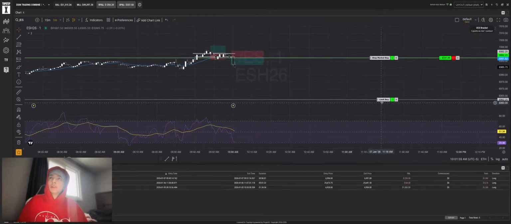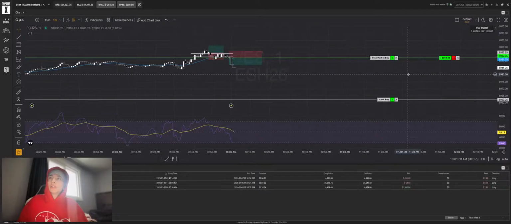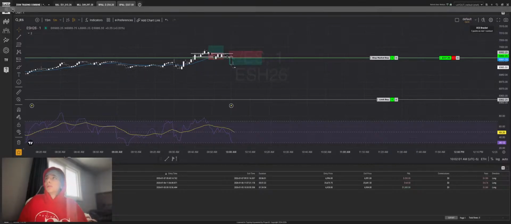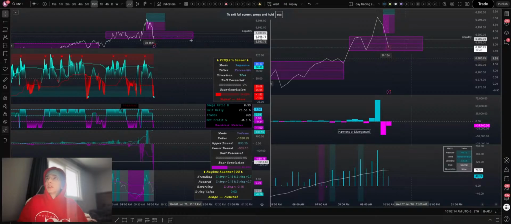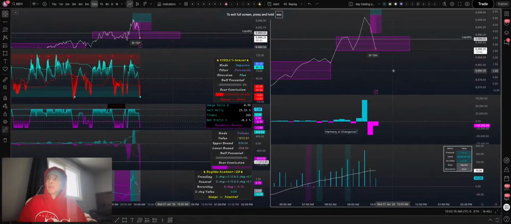We can target these lows. 29.62. Where is that? Where is that over here? Yeah, a lot of selling volume.